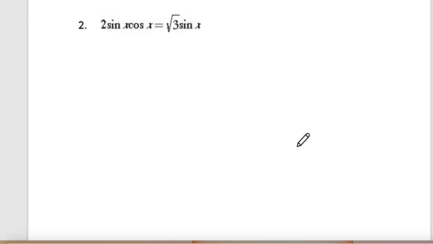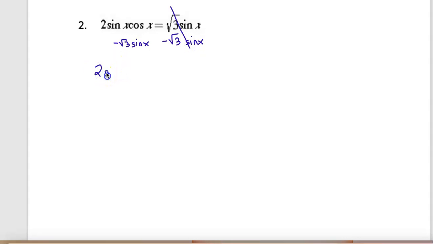Now the next question says 2 sine x cosine x is equal to radical 3 sine x. So I will first bring all of my terms on one side, by subtracting radical 3 sine x from both sides.